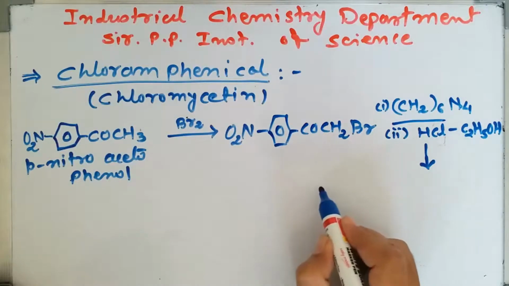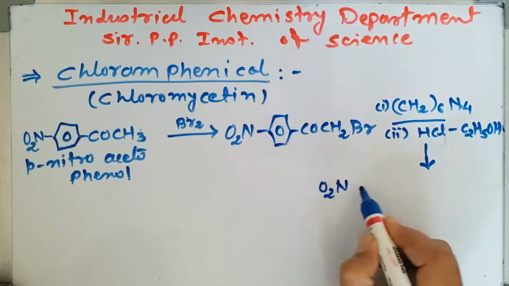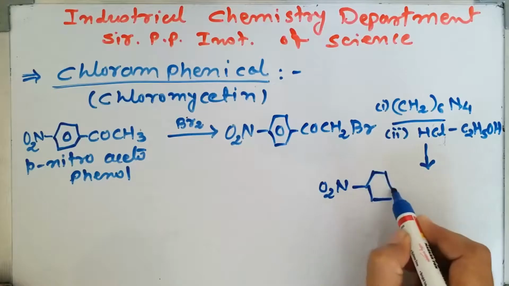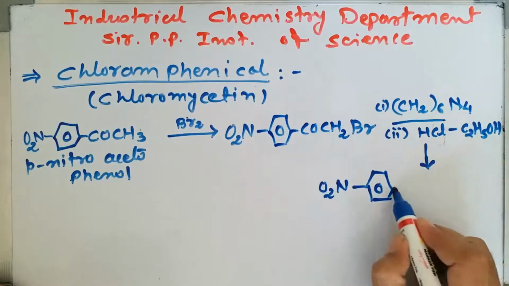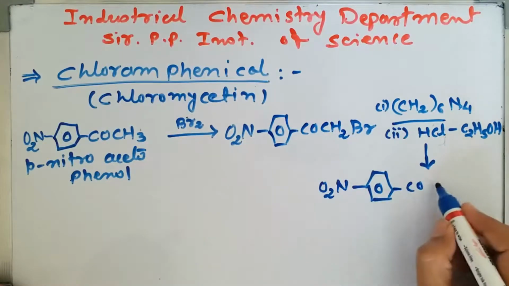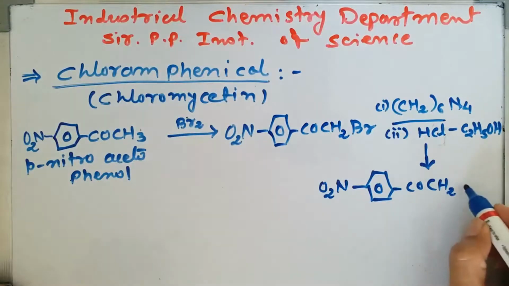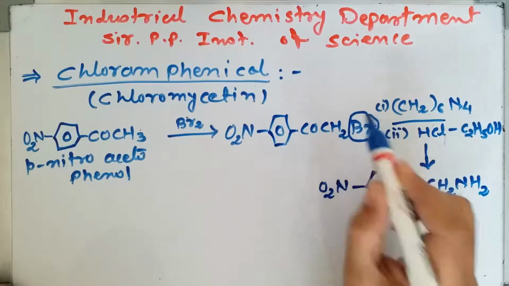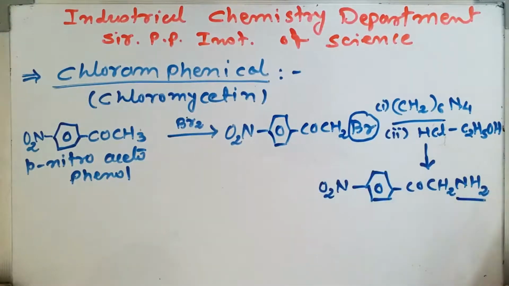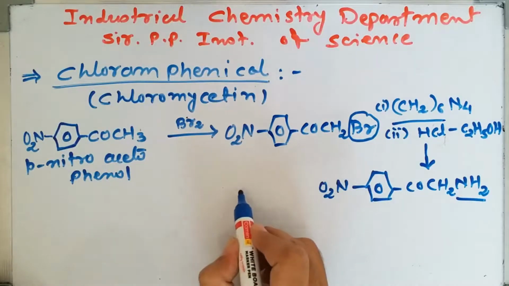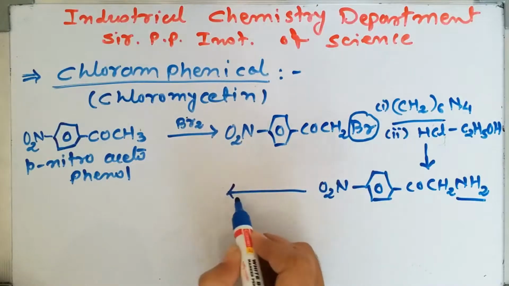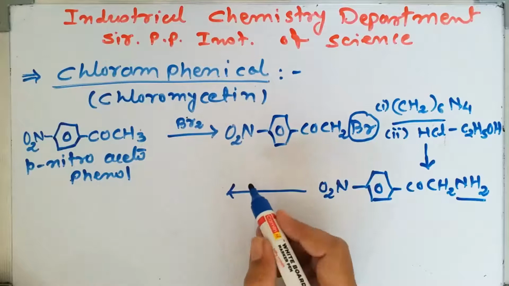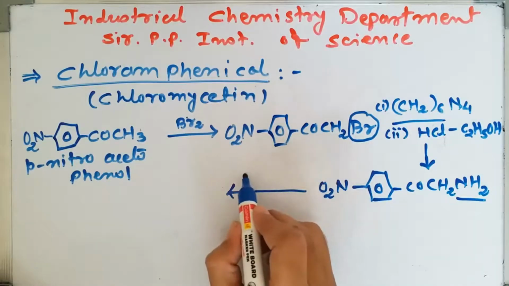We get our compound where the bromine group is substituted by an amino group. So NH2 is introduced.